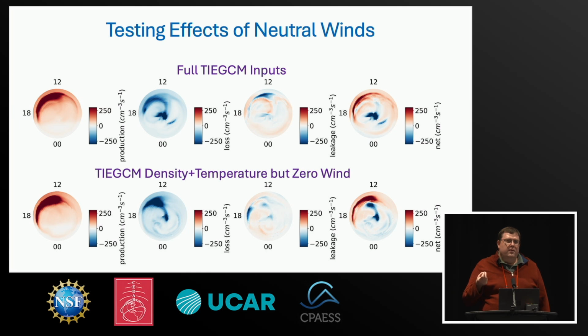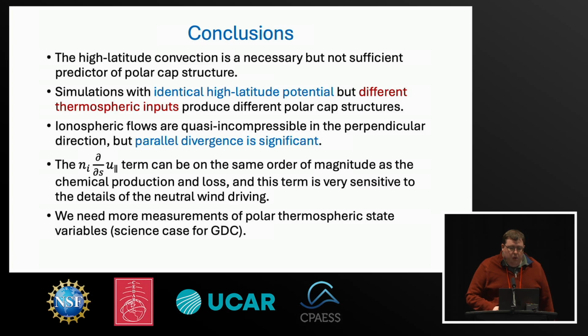So the neutral winds and their projection onto the field line that pushes stuff up and down is changing the way the parallel motions work as the flux tube is thrashing around. And the net production loss is quite different in the simulation with neutral winds included from the ones with neutral winds not included. So what does this all mean?